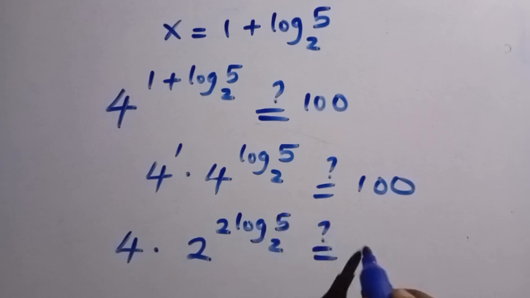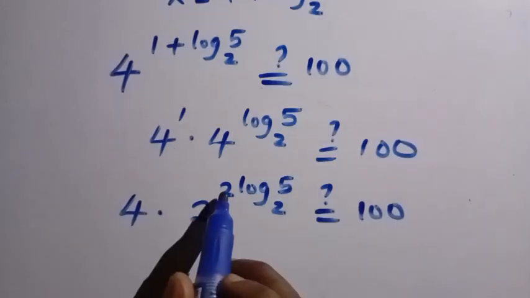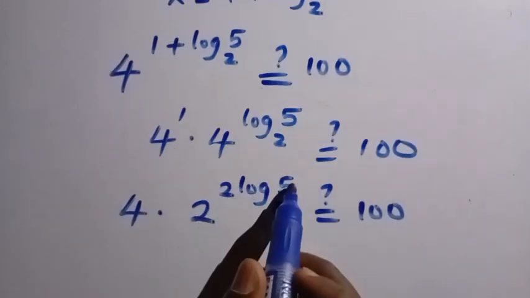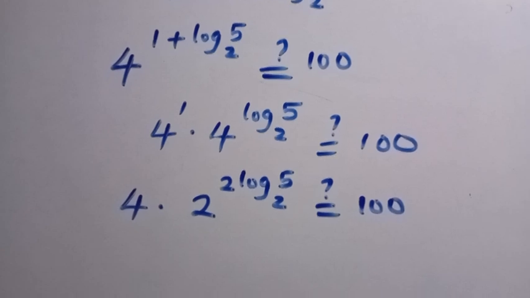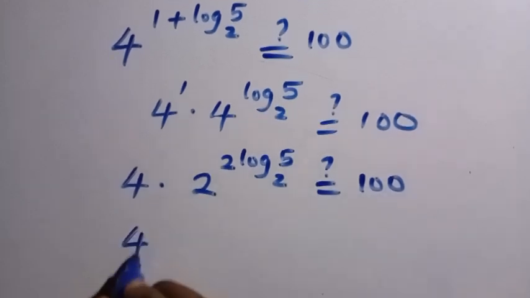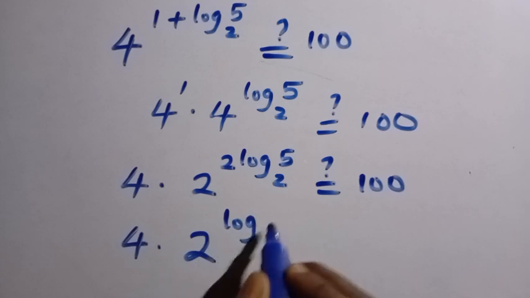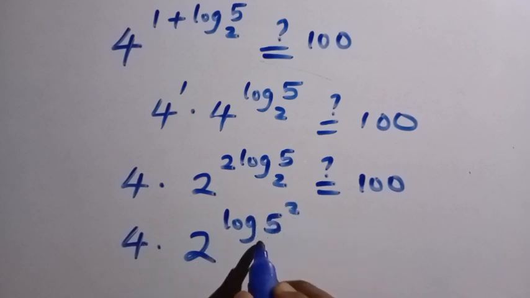And if I let this 2 come to the power of this 5, we have 4 multiplied by 2 raised to power of log 5 raised to power 2 base 2.